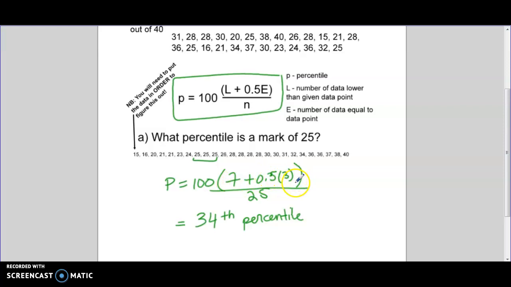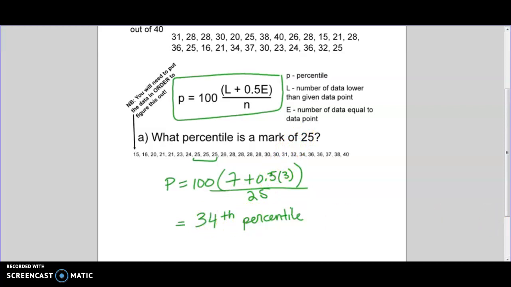E is the number of data points equal to the data point. How many data points do we have equal to 25? We can see right here we have 3 25s. So we plug in 3. And then N is the number of data points, which is 25. Solving for that, it tells us that we are in the 34th percentile. So a mark of 25 represents the 34th percentile.